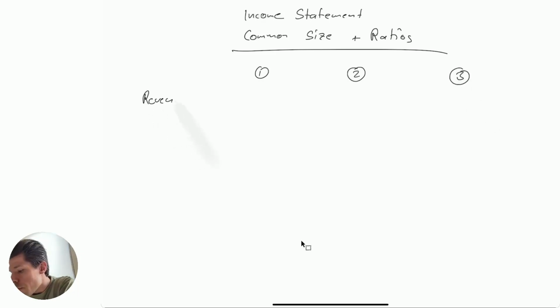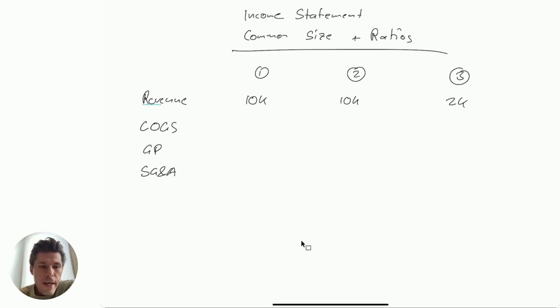Let's assume company 1 has 10K in revenue, company 2 has 10K in revenue, and company 3 has 2K in revenue. Let's look at cost of goods sold, gross profit, and SG&A. We can use different items, it doesn't really matter, just to illustrate what common size actually means.